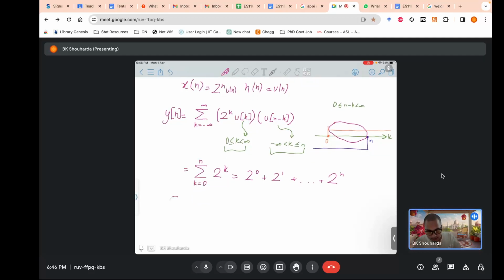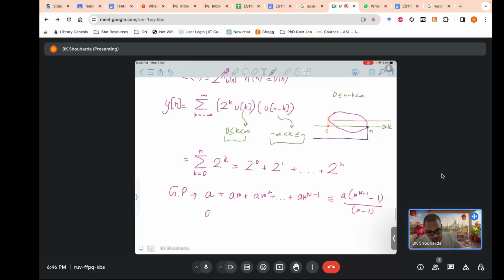So GP series, what was the formula? A plus AR plus AR squared plus all the way to AR to the power n minus 1. This summation is A into R to the power n minus 1 upon R minus 1. In this scenario, A is 2 to the power 0, which is 1.